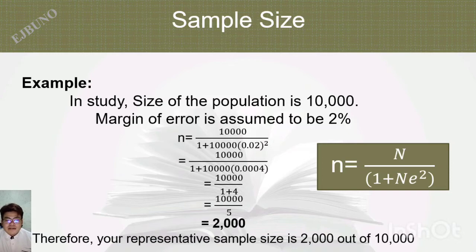So it equals 10,000 over 1 plus 10,000 times 0.004, which equals 10,000 over 1 plus 40, equals 10,000 over 41... and we have our final answer, which is 2,000. Therefore, your representative sample size is 2,000 out of 10,000.